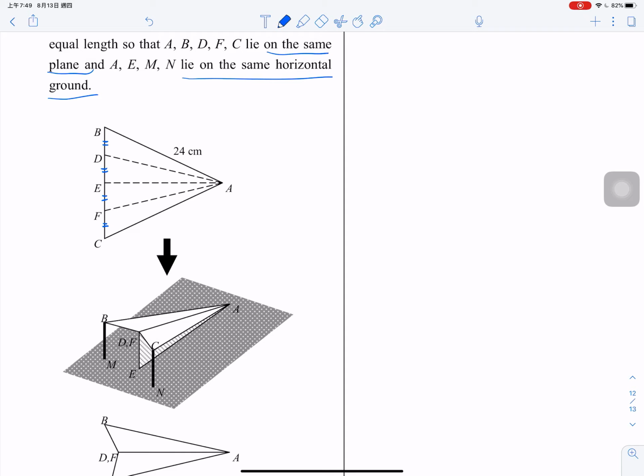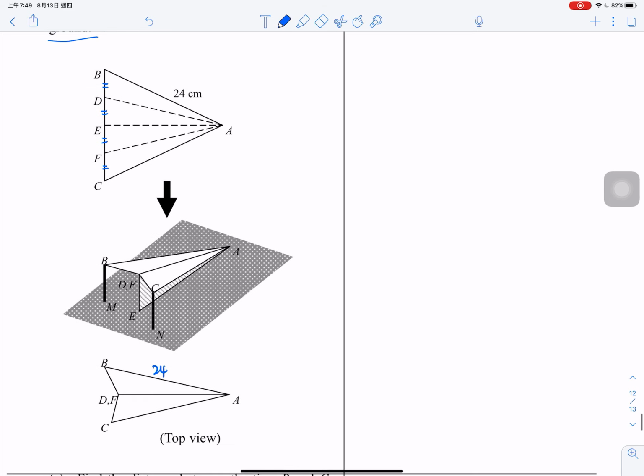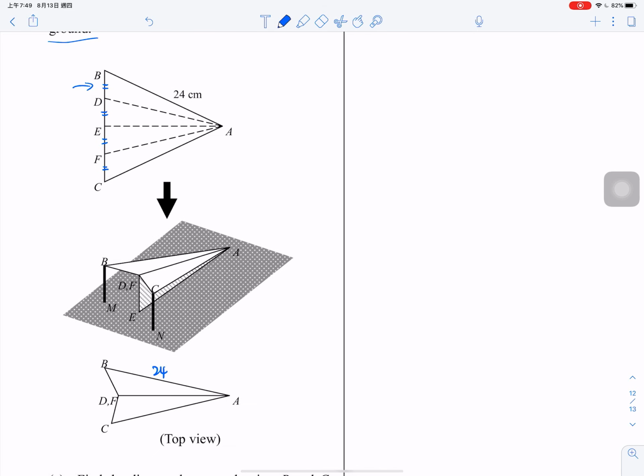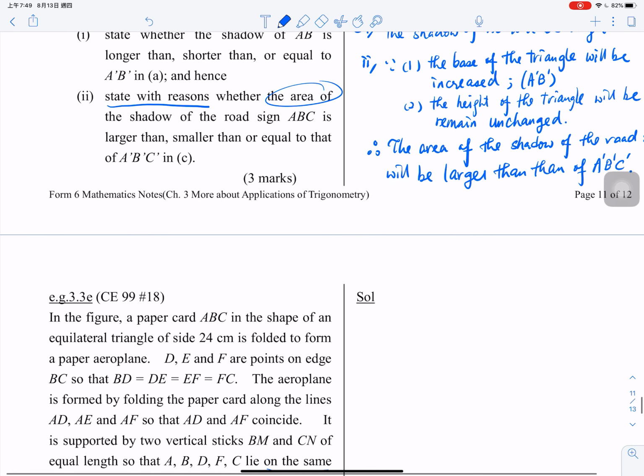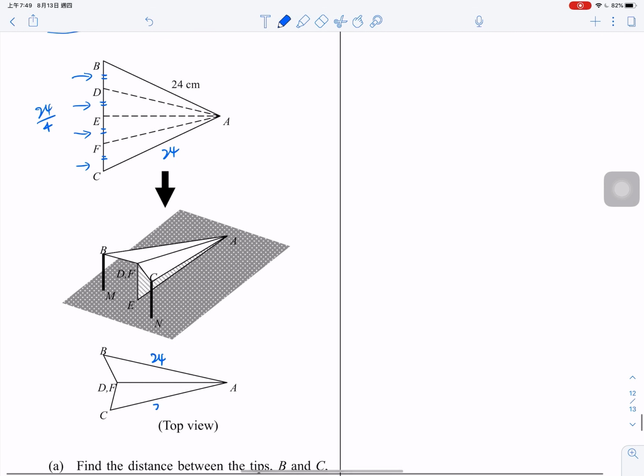Then about the top view, here is the top view. That means here 24, right? And each length is 24 divided by 4. Here is 24, because this one is an equilateral triangle, so this one 24, 24. 6 and 6, right?